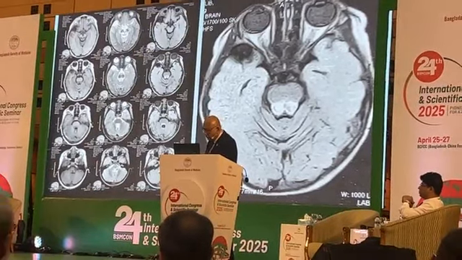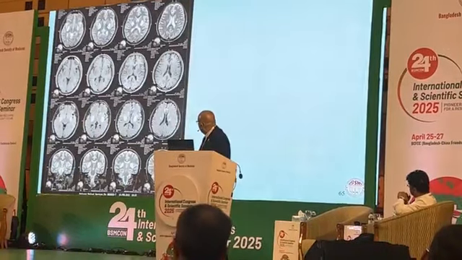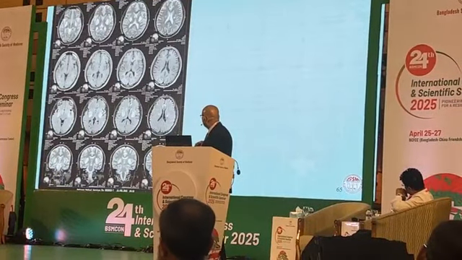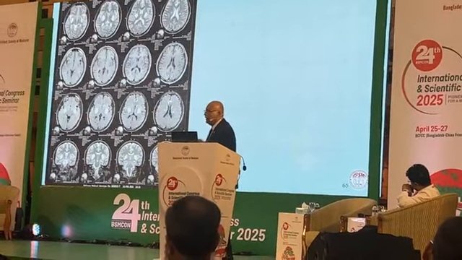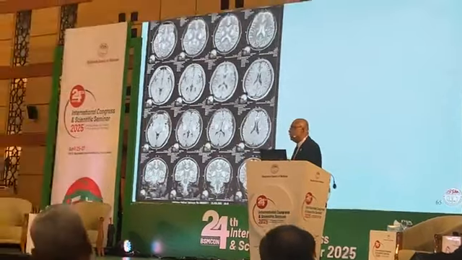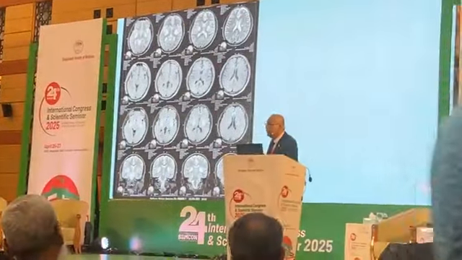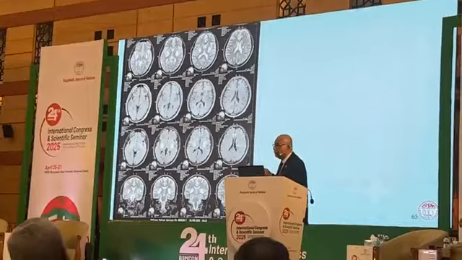One thing I forgot to mention: this condition, bilateral basal ganglia hyperintensity, as I said, can be EPM in ODS or toxic or hypoxic ischemic encephalopathy, but can also be a condition called Leigh disease. So, Leigh disease or Leigh syndrome.